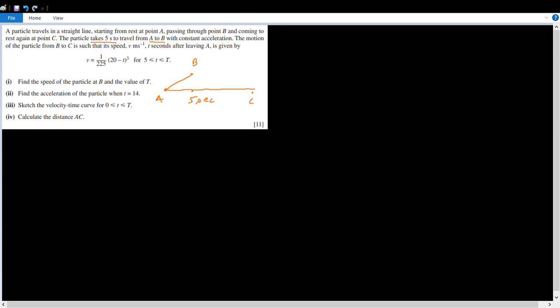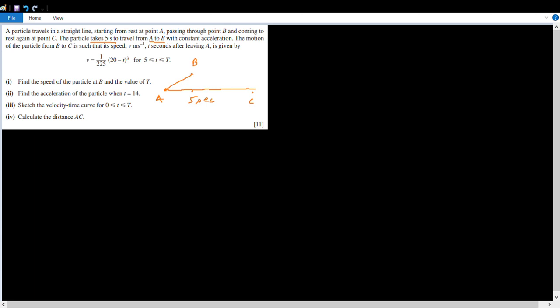Now the particle takes 5 seconds to travel from A to B with constant acceleration. Means velocity is changing in equal interval of times. There is equal change in velocity in equal interval of times.